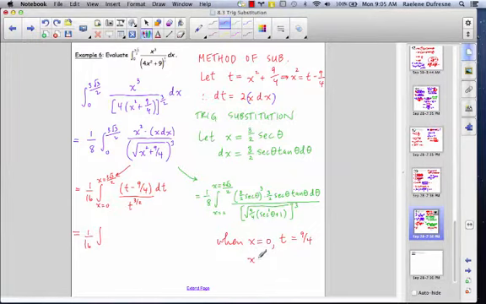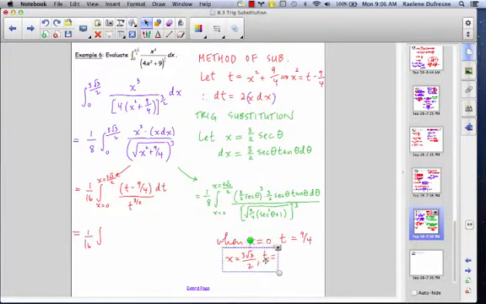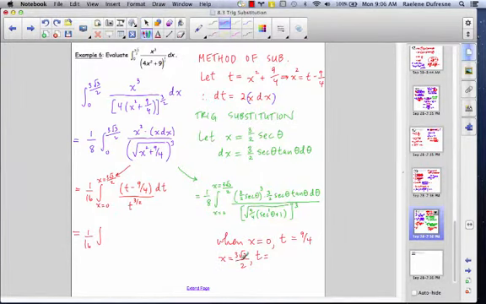And when x is equal to 3 root 3 over 2, t is going to be this quantity squared plus 9 over 4. So 3 over 2 squared is 9 over 4, times another 3 is 27 over 4, plus 9 over 4, which is 36 over 4, which is 9. So those bounds aren't so bad. 9 over 4 to 9.